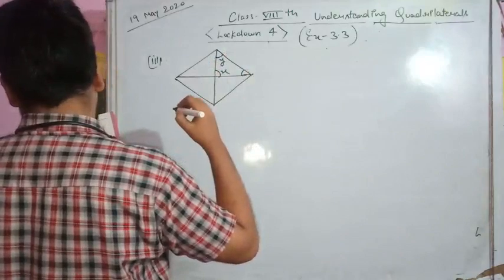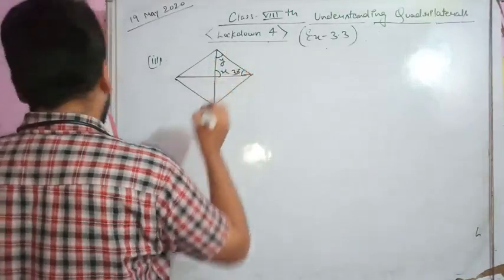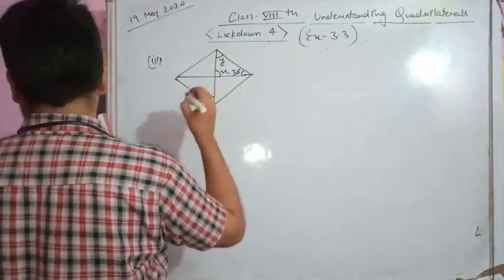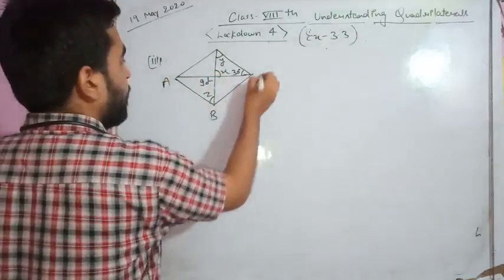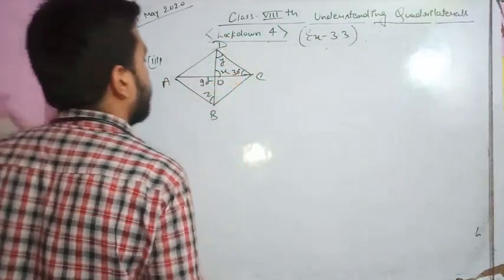This angle is missing in my book. This should be 30 degree. This is z. And this angle is 90 degree. Fine. So let us give it a name. A, B, C, D. Point is O.